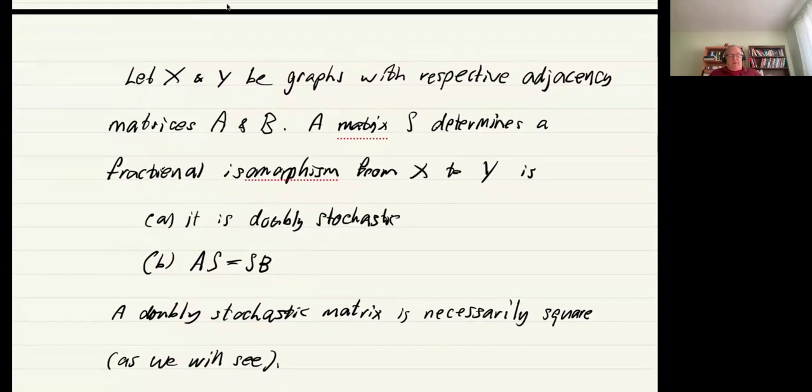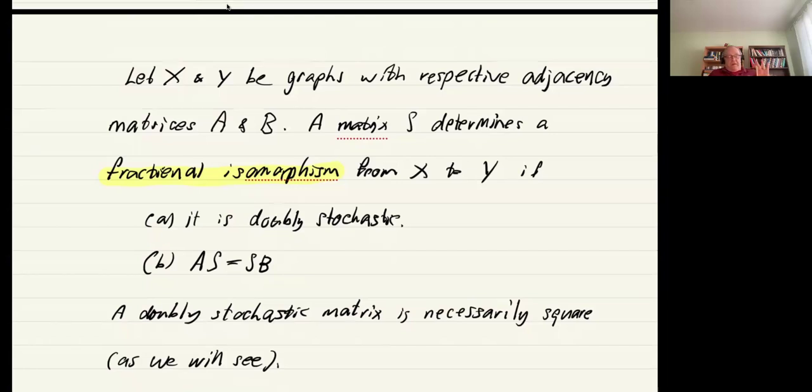So X and Y are graphs with respect to adjacency matrices A and B. Now, a matrix S determines a fractional isomorphism from X to Y if S is doubly stochastic, each row and column sums to 1, and A times S equals S times B. Now, we will see, and it's not entirely trivial, that a doubly stochastic matrix is necessarily square.